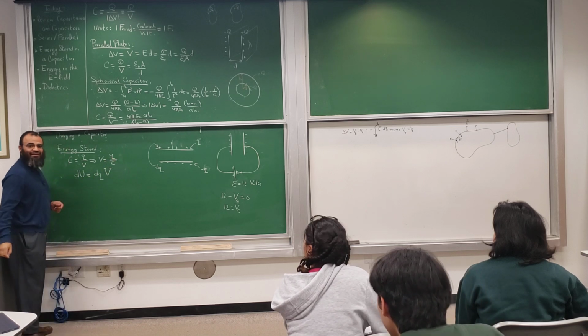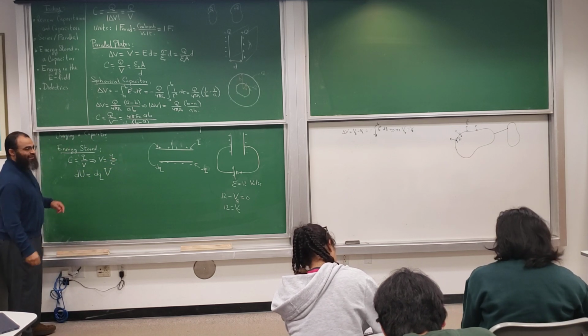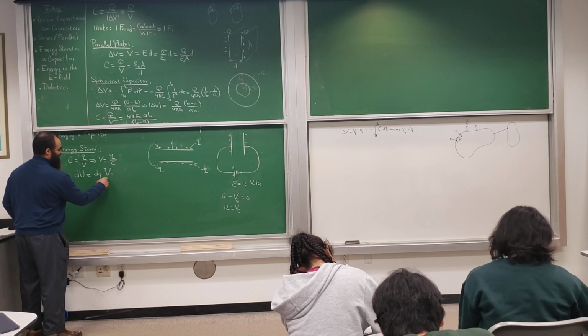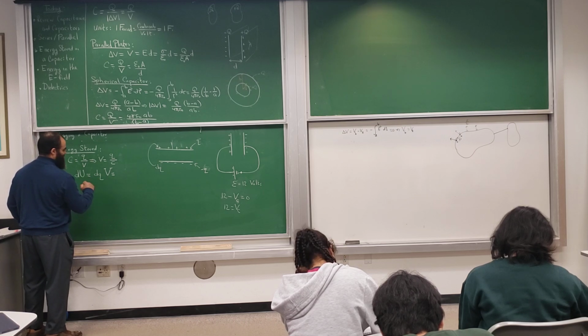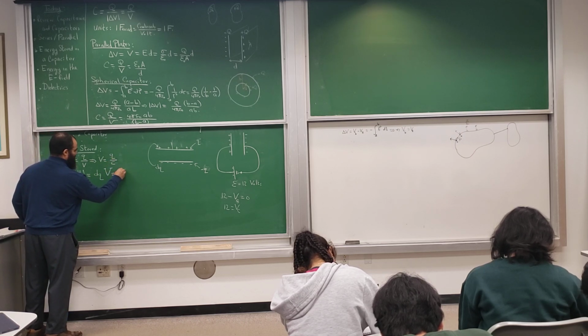Right. So dq times V, and I'm going to replace my V by q over C. So I get q over C times dq.